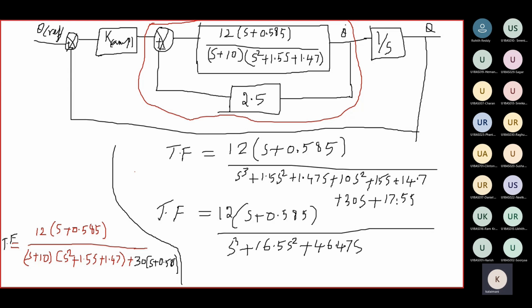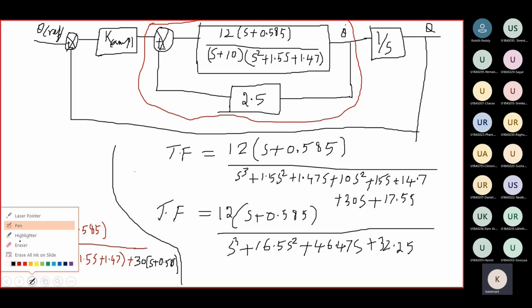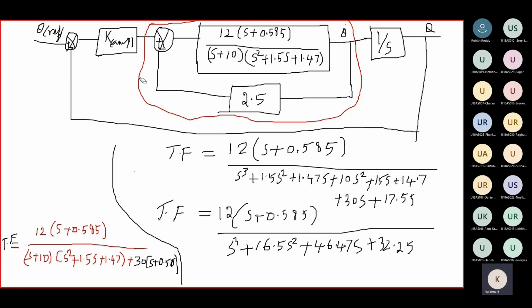Then here 17.55 plus 14.7, we get 32.25. Therefore, we remove this inner loop. Then your transfer function TF is equal to 12 times S plus 0.585 divided by S cube plus 11.5 S square plus 46.47 S plus 32.25.